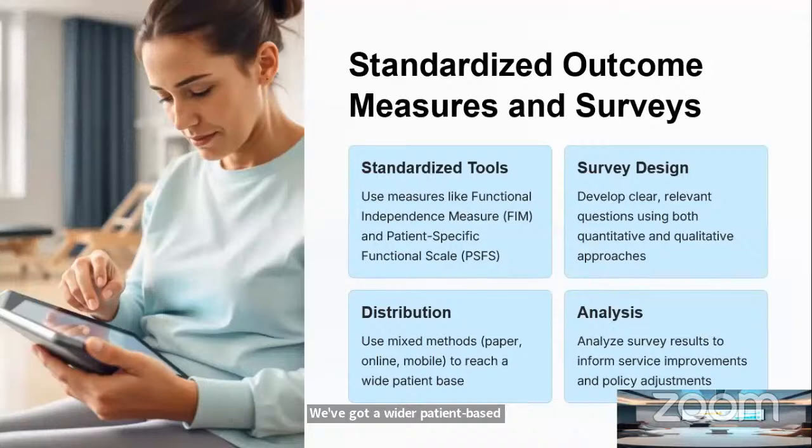The surveys will then be analyzed, and the result will give clearer information about the services we have, where improvement is required, or where the policies should be adjusted to cater for our clients.